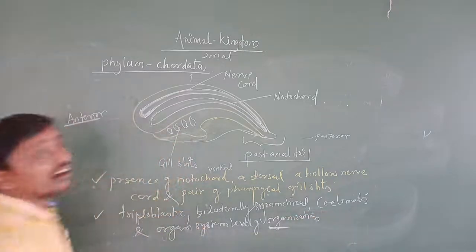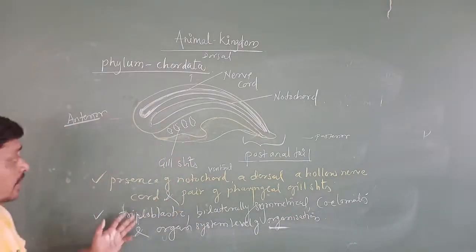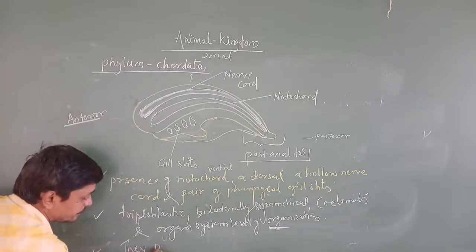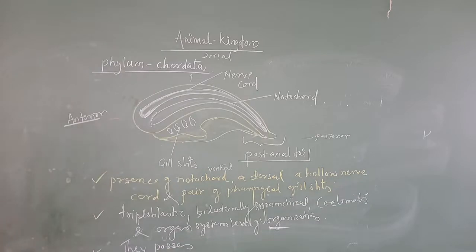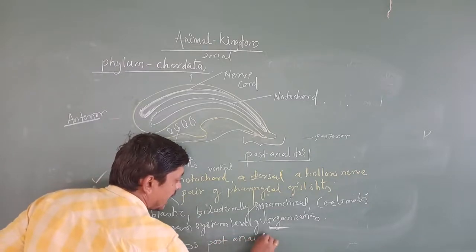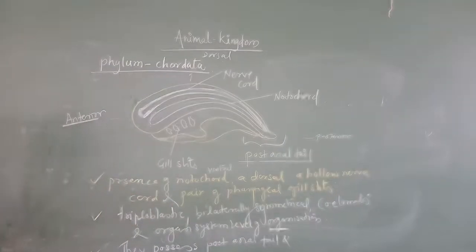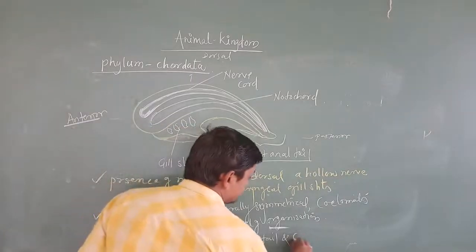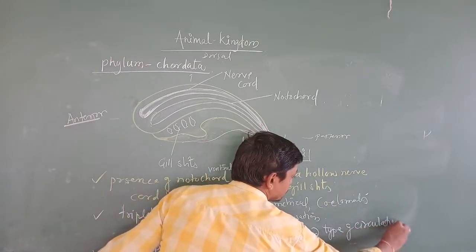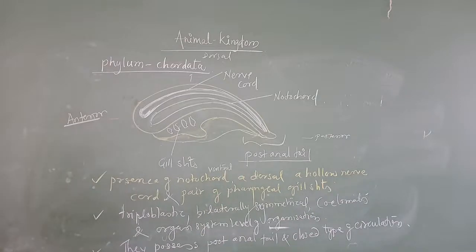They possess a post-anal tail and, last, a closed type of circulation.